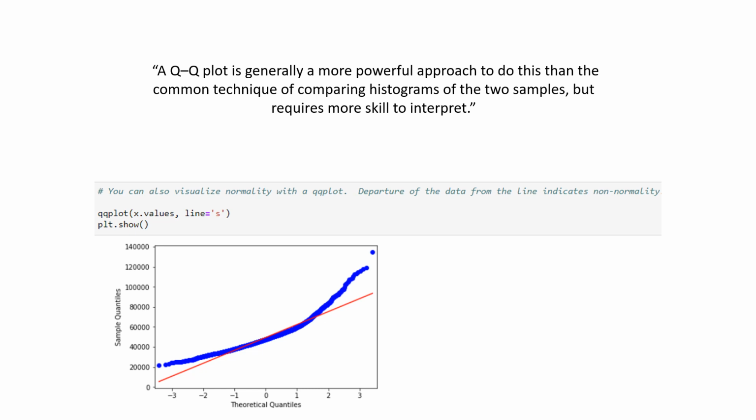There's a slightly more technical way, other than eyeballing a histogram, which is to use what's called a QQ plot. This is a quantile plot. We are plotting our distribution against either another distribution, or generally speaking, a normal distribution.